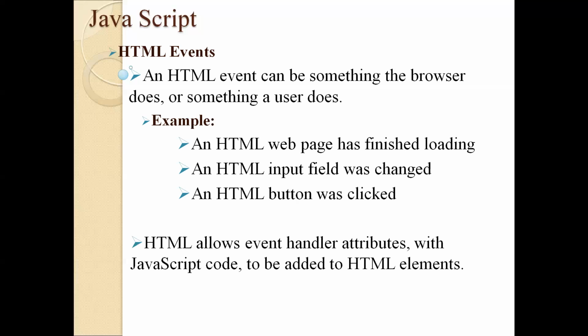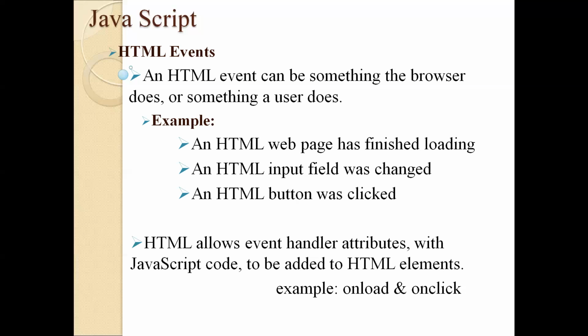So I can use one attribute that is responsible to perform an action when an event occurs. So let us see the examples of attributes. There are many examples, but in this session I want to discuss only a couple of attributes as examples: onload and onClick.